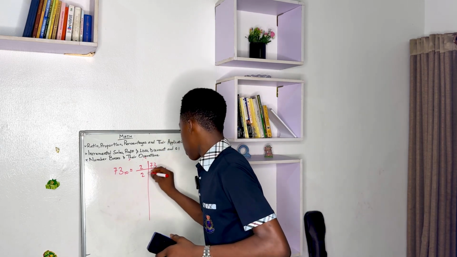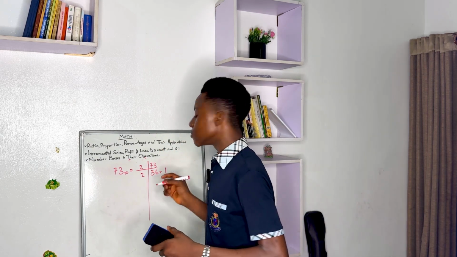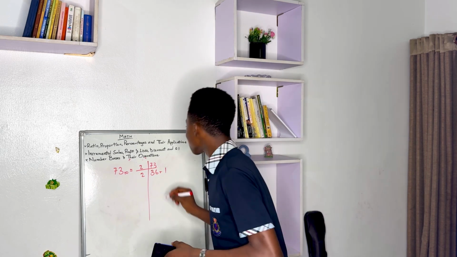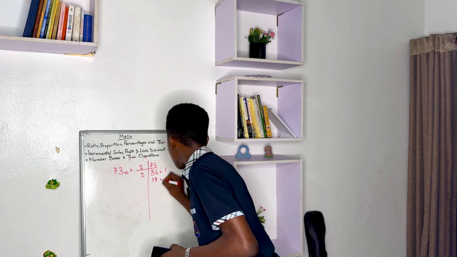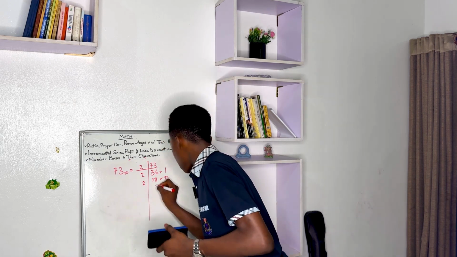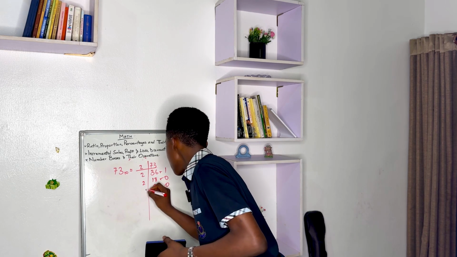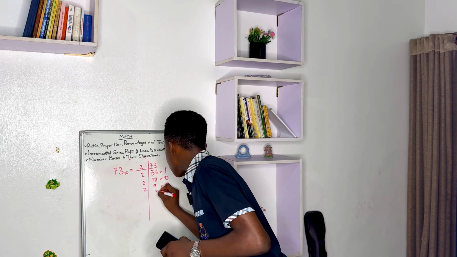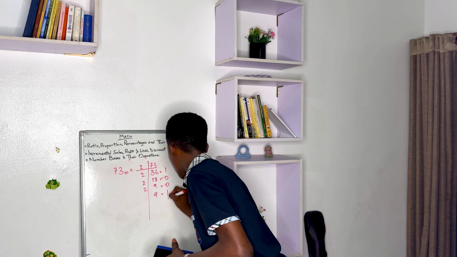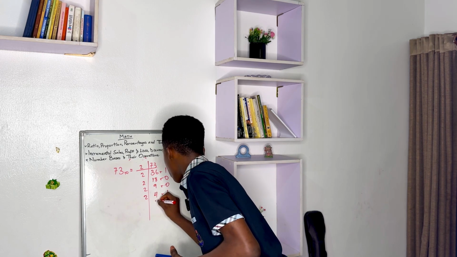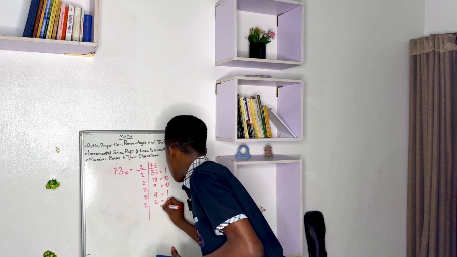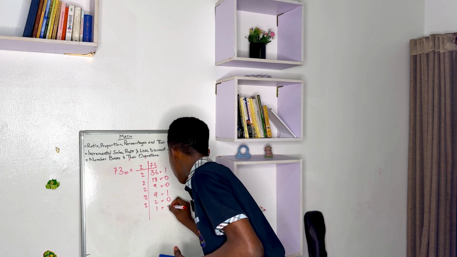Next, we're going to divide 36 by 2 again. 2 can go in 36 18 times with no remainder. 2 can go in 18 9 times with no remainder. 2 can go in 9 4 times, but with a remainder of 1. 2 can go in 4 2 times with a remainder of 0. 2 can go in 2 once with a remainder of 0.